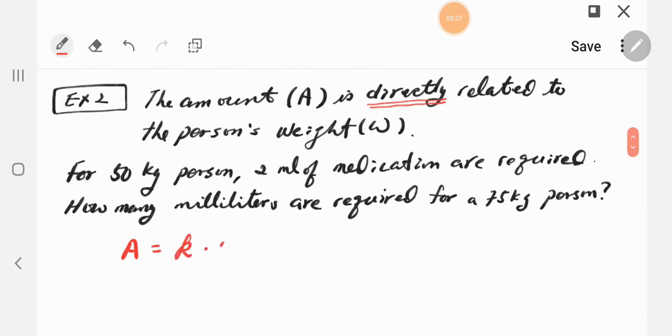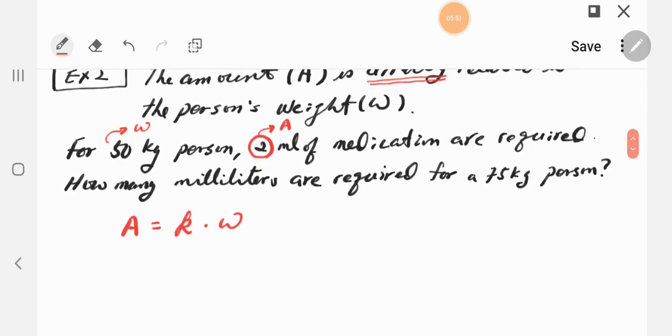The weight. So from this one, the weight is 50 kilograms and 2 milliliters of medication are required. So 2 milliliters will be the amount of medication. Then how many milliliters are required for a 75 kilogram person?